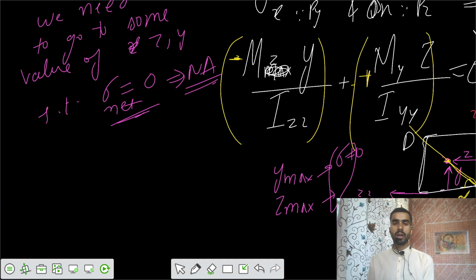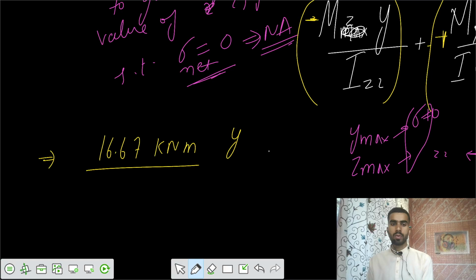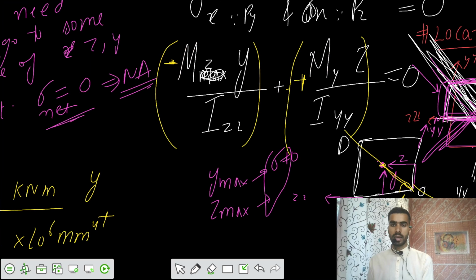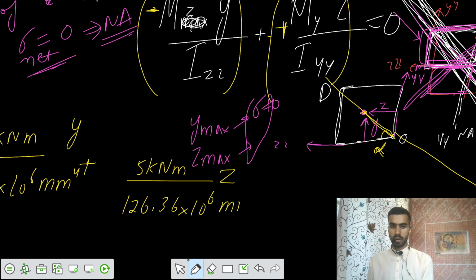So if you substitute the values, the value of Mz was 16.67 kilonewton meter, and y would be some value, and Izz was 263.64 times 10 to the power 6 mm to the power 4, with a negative sign, plus My, which was 5 kilonewton meter, and some value of z from the neutral axis, divided by Iyy, which is 126.36 times 10 to the power 6 mm to the power 4.